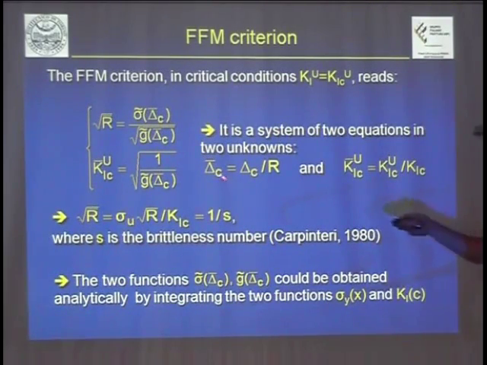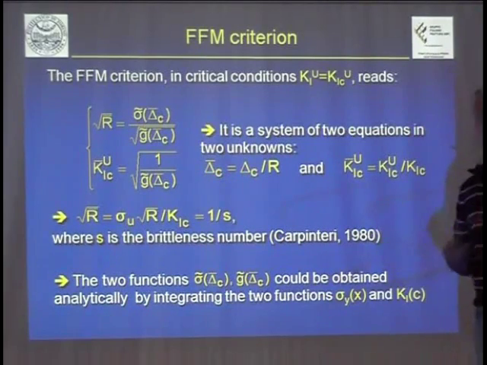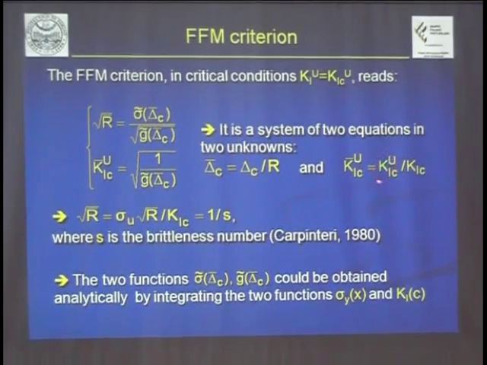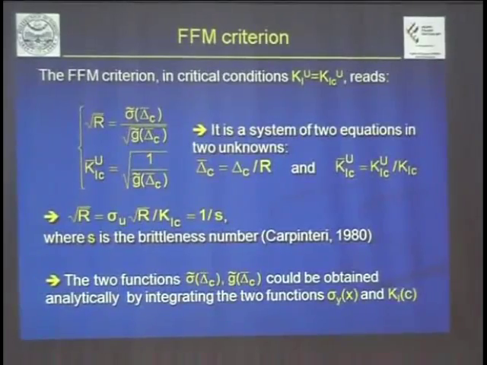And delta c bar is the dimensionless finite crack extension, while K1 Cu bar is the dimensionless apparent fracture toughness. So this is the criterion, and this is a system of two equations in two unknowns: the finite crack advance delta C and the apparent fracture toughness K1 Cu.